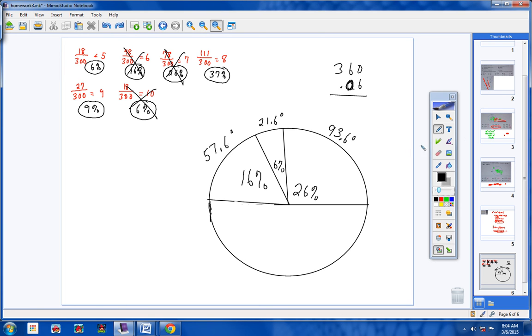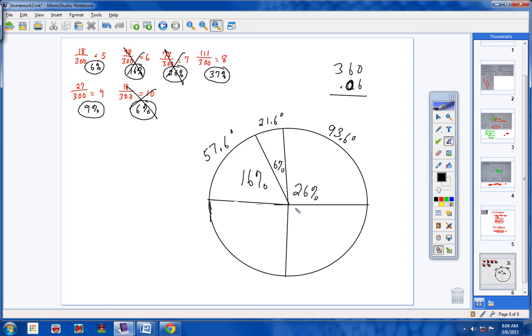A lot of you might be using compasses and protractors. Totally fine, no problem with that. But I'm going to cut this in half, so it'll be a little shade that way, okay? And then I'm going to cut it in half again. So this is 26.